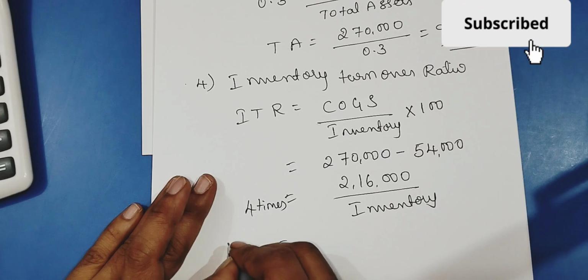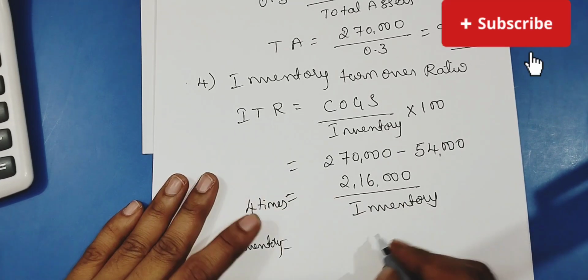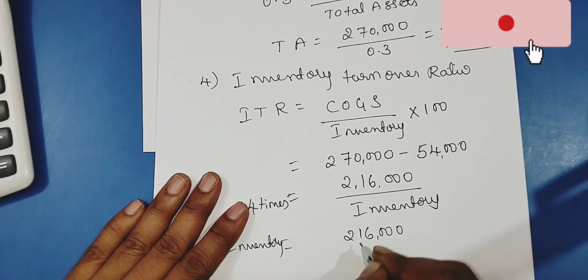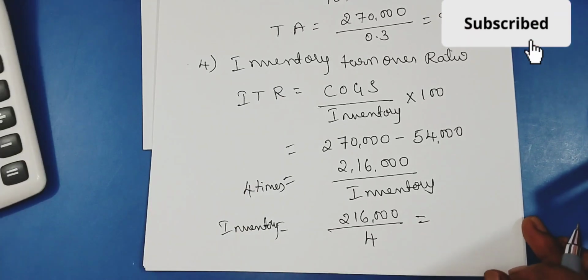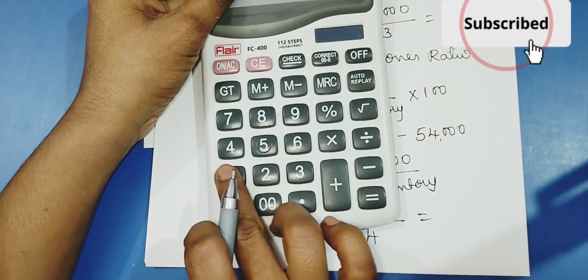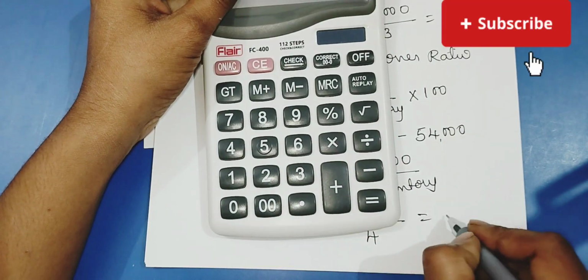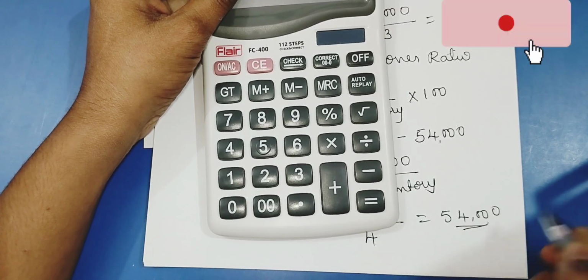Now what do we need to find out? Inventory. 2,16,000 divided by 4 times. Right? 2,16,000 divided by 4 is 54,000, our inventory.